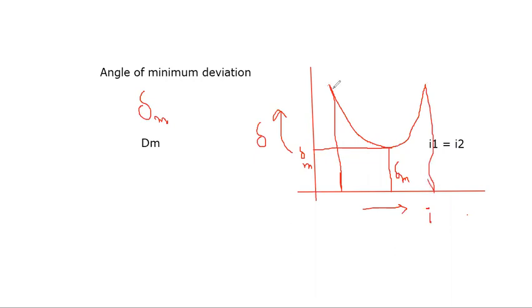The coordinates of this point are I1 and del, and the coordinates of this point are I2 and del, right? So the length of the straight line joining the two is I2 minus I1.